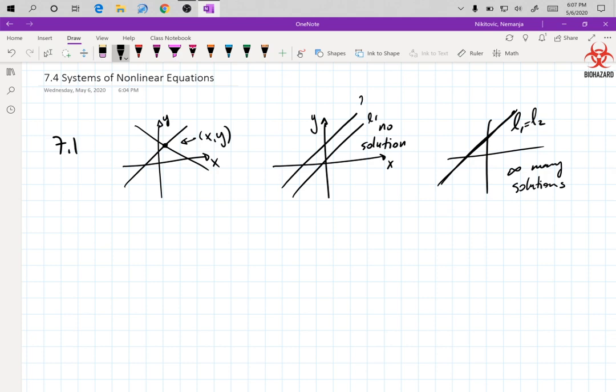This is line 1, line 2, it doesn't matter.